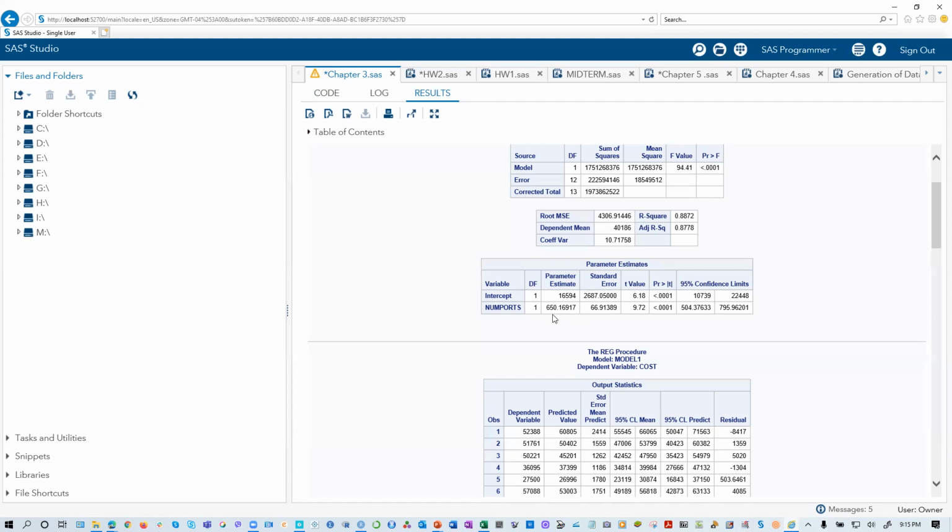Marginal cost means that if you increase by one unit, one port, in order to add an extra port to this communication system, it costs $650. Rather than giving just the marginal, you give the range: $504.38 to $795.97. Like that, you can tell very confidently.